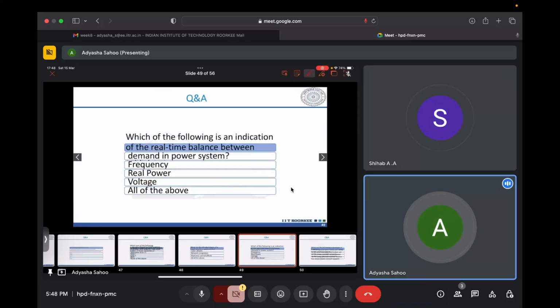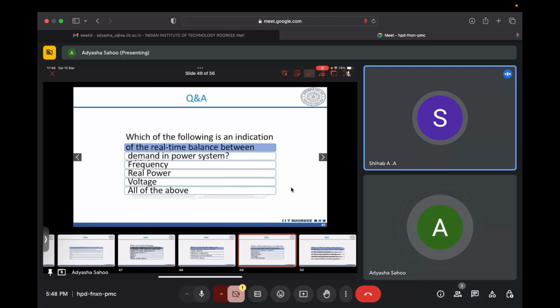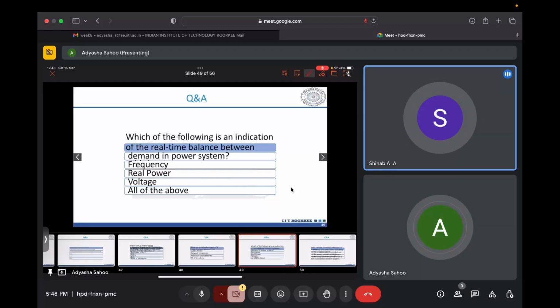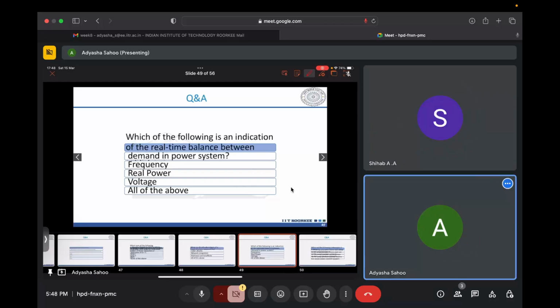Which of the following is an indication of the real-time balance between demand and power system? Frequency, real power. Power balance will be for frequency, right? Power PG equal to PD. By matching the active power, it will indicate the frequency of the system.